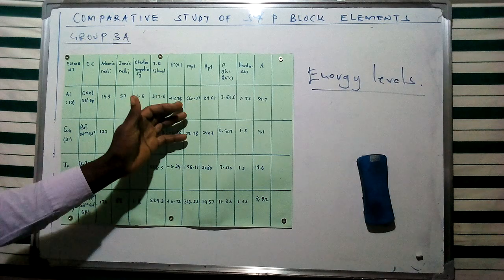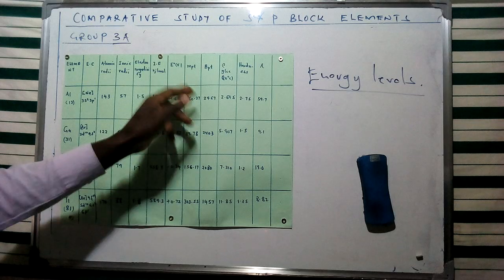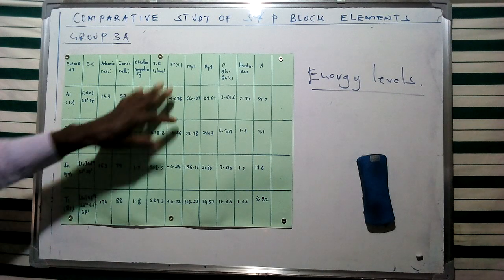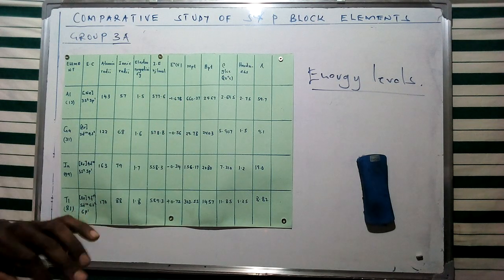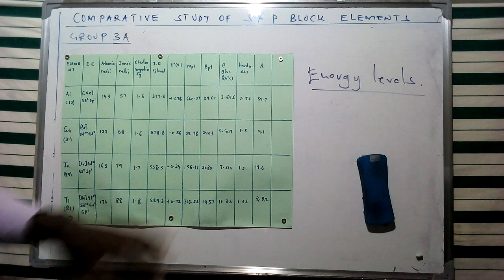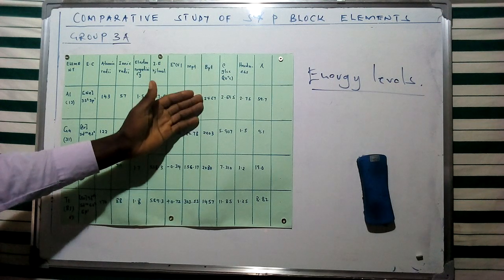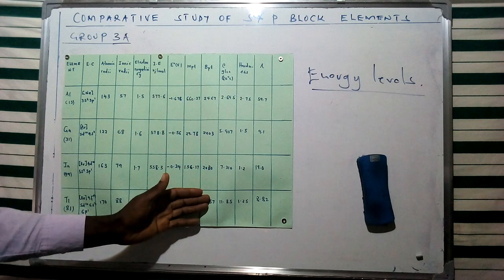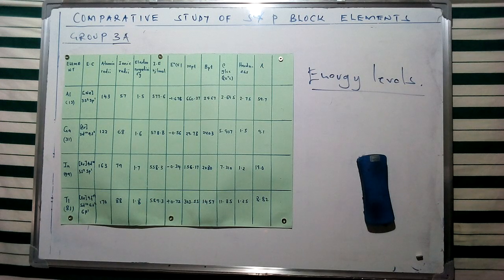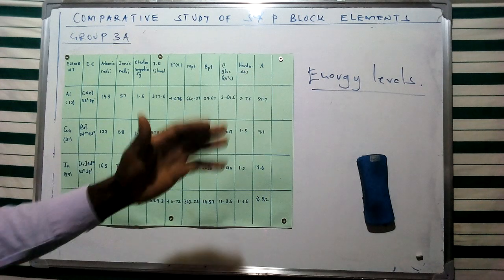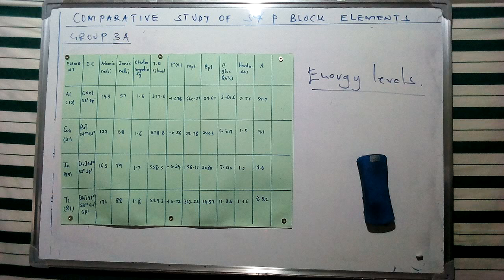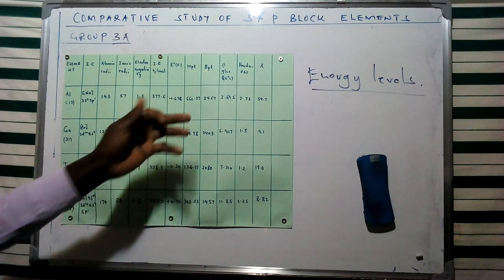Now, in this specific point as well, we can see that the melting and boiling points are going to have some kind of abnormality in some cases. But for this one, there's a general trend of decreasing for the boiling points. And as we said, of course, the shielding effect and an increase in energy levels is going to have an effect on the amount of attractive forces being experienced by the outer energy levels in that specific case.